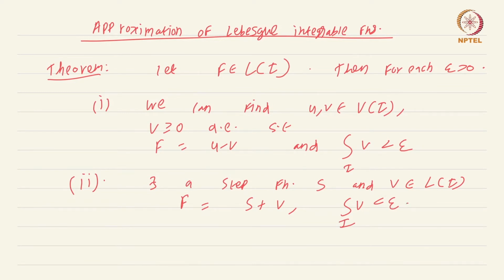That is, you just have to add a really small Lebesgue integrable function to the step function to recover the function f. So these heuristic principles, that f is almost a step function or almost an upper function, are going to prove very useful later. Okay, let's prove these. The proofs are not hard.